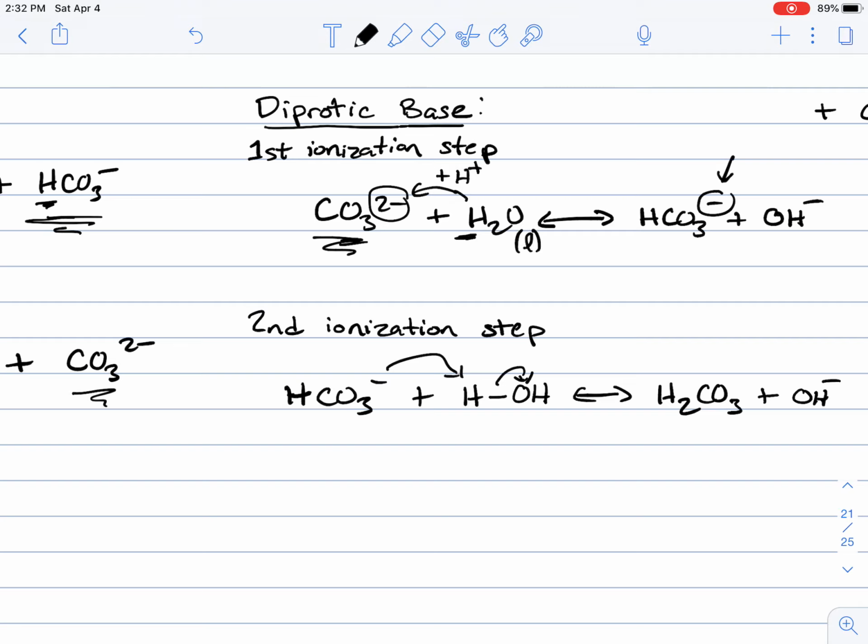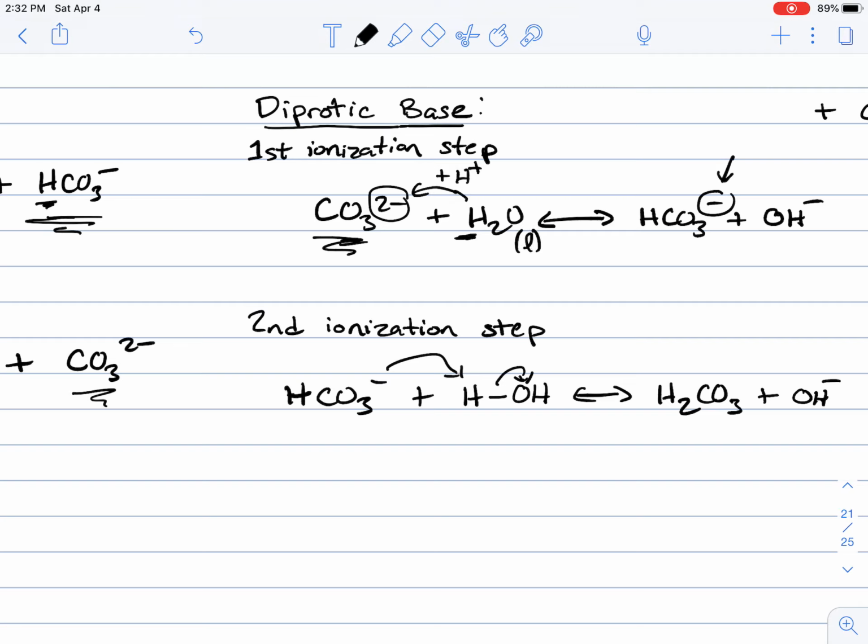Okay. Now, if you look at the direction in reverse, where we're going from HCO3 back to H2CO3, it's basically represented by this chemical equation. So notice HCO3 is going back to H2CO3. And that equilibrium constant is represented as Kb2.